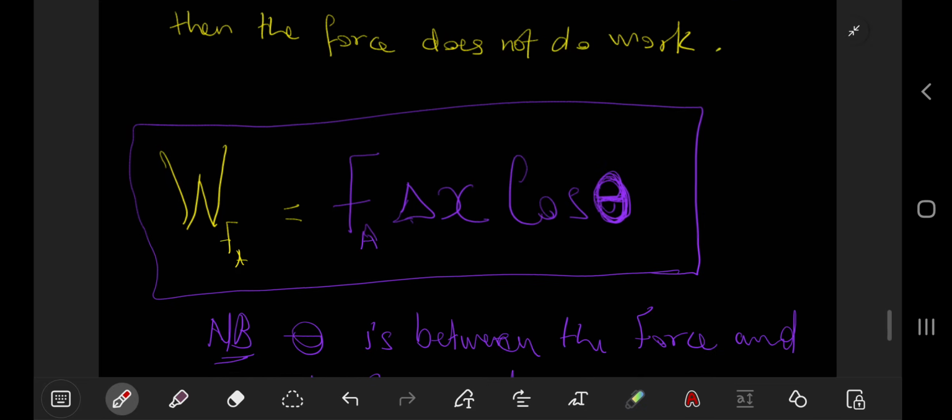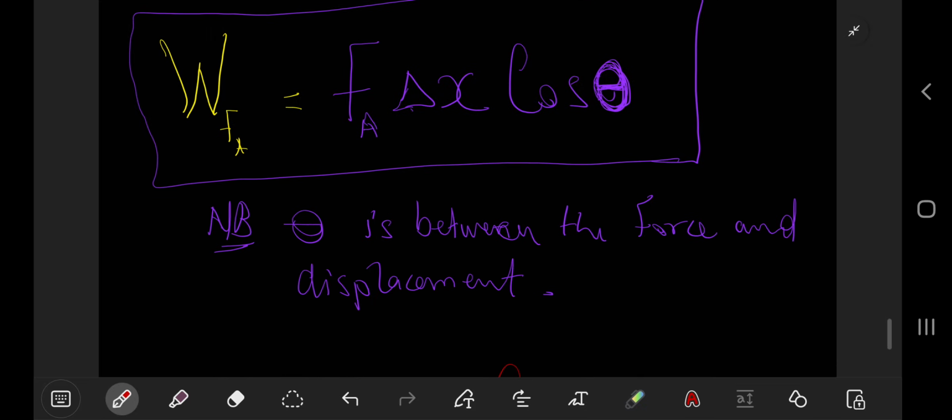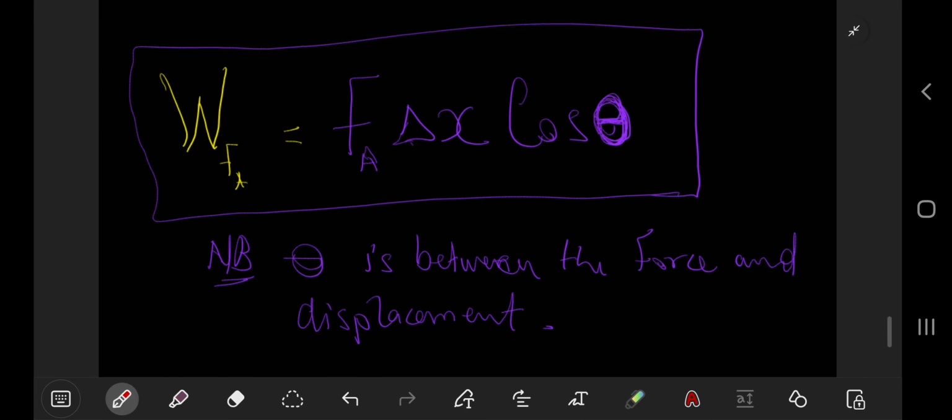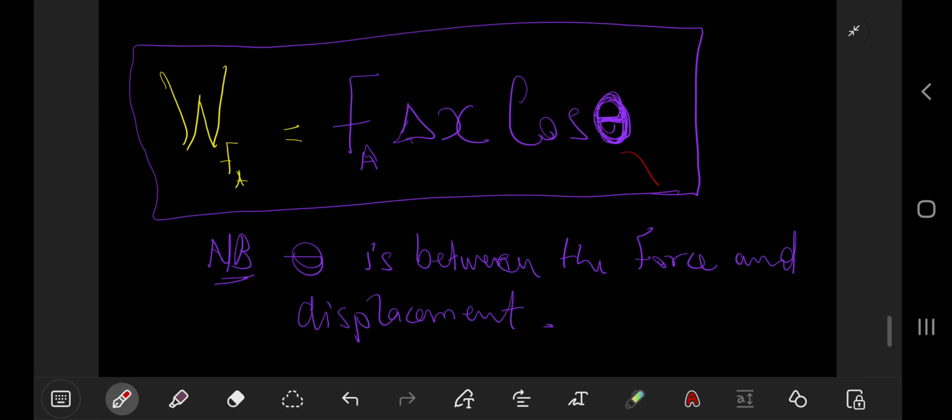And since the applied force is in the direction of the displacement, the angle between them is 0 degrees, and cos 0 is +1. Then the work done by the force which is in the direction of the displacement would be positive.